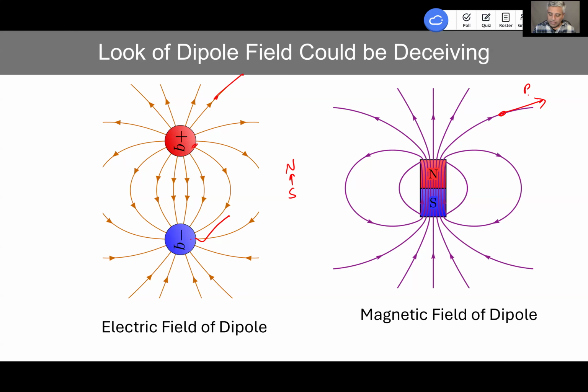And by the way, we denote the magnetic field by uppercase B, just like we denoted the electric field by uppercase E. Of course, this simply means that the magnetic field is a vector quantity like the electric field. So that's the main difference between electric and magnetic field lines.